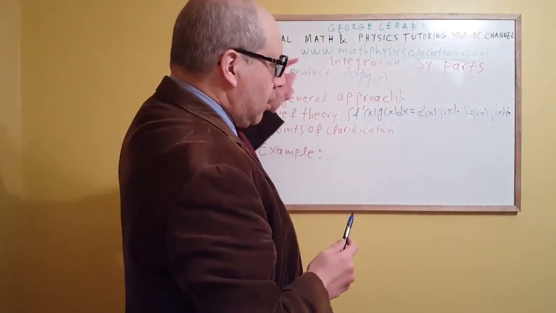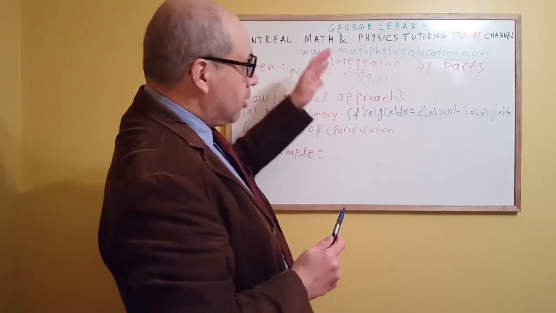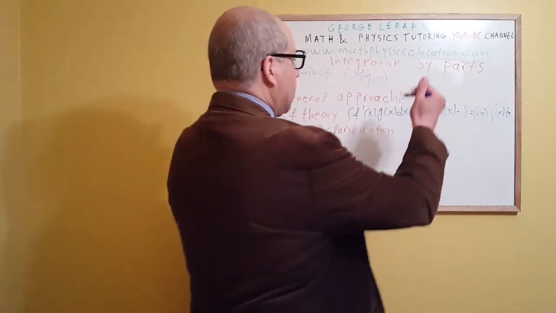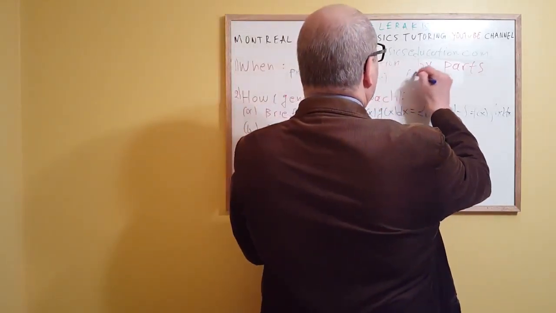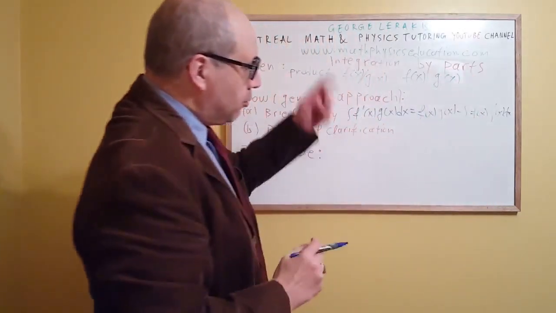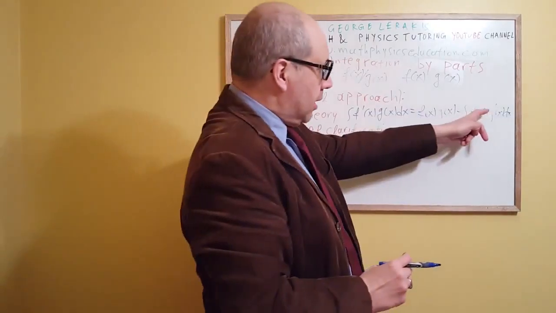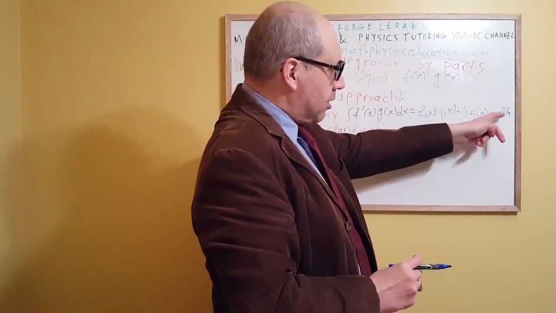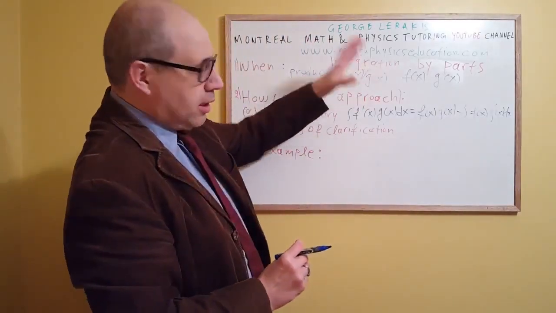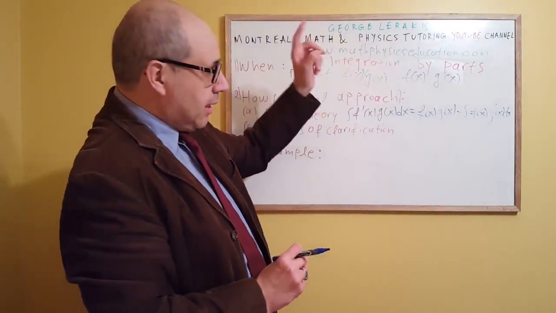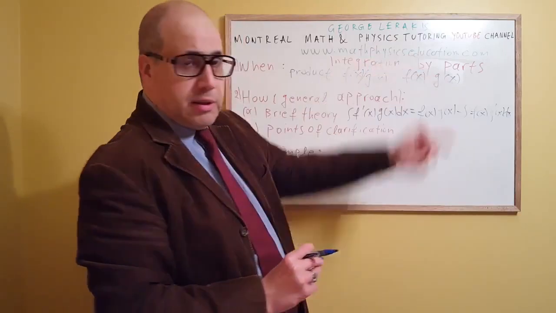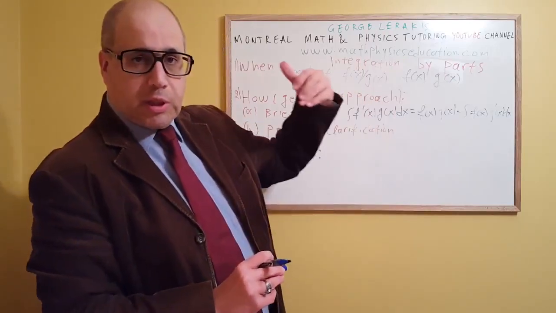So once you have a product of two functions, f of x and g of x, you have to make sure, because you see here is the integral of f of x times g prime of x dx, that the derivative of the one times the other is something that you can calculate.